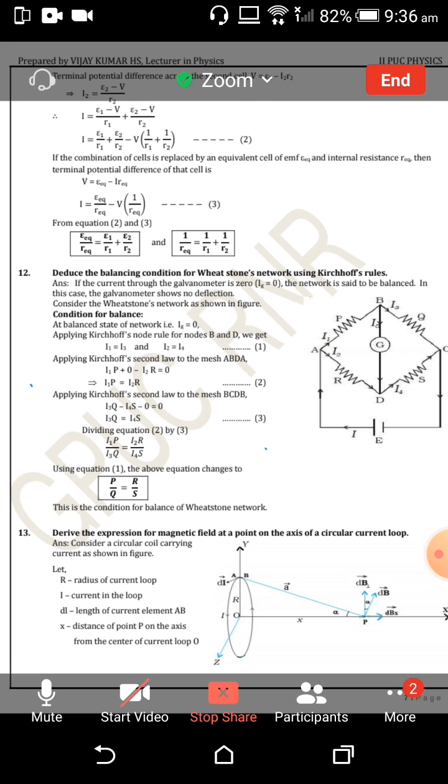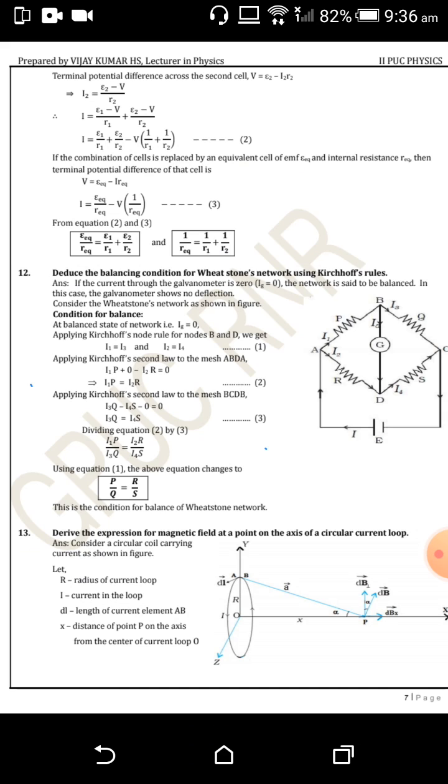Anyhow, we have completed the current electricity chapter. In the next class, we will go through the 2 mark, 3 mark and 5 mark questions based on the chapter of moving charges. Coming to the numerical part, I don't know whether I'm going to get time to discuss the numericals on the chapters you have for your midterm examination.